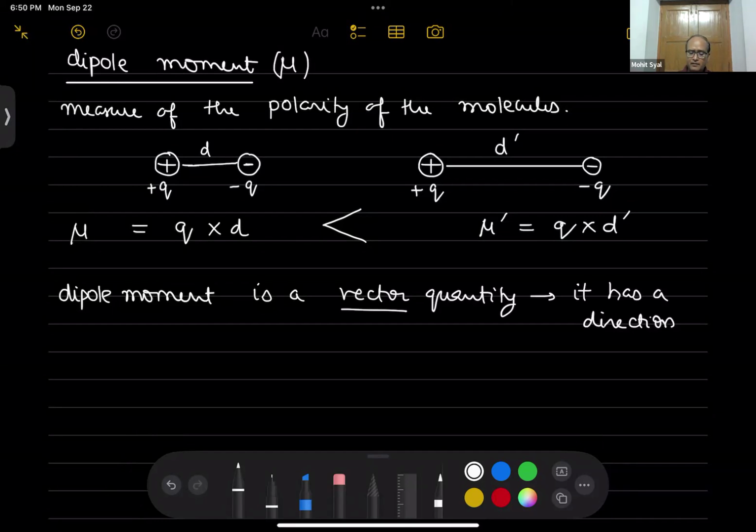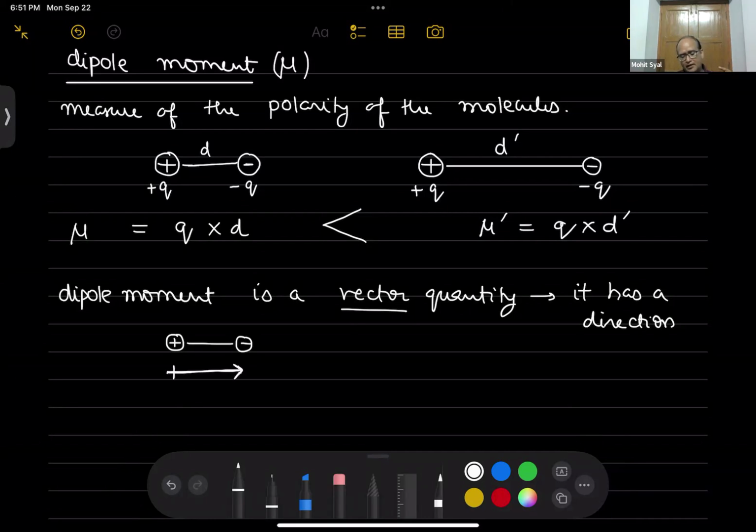And the direction is represented like this, okay, from positive to negative, because this charge has generated when the positive charge has moved towards the negative charge. So the direction is indicated by putting an arrow from positive to negative. This arrow, can you see the tail of the arrow? It looks like a positive charge. Yes, sir.